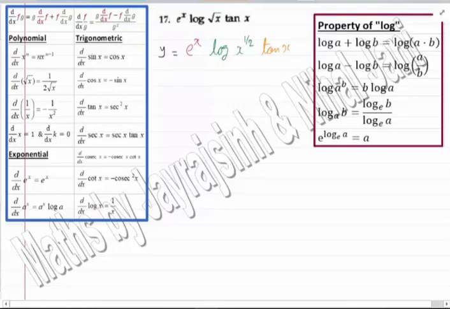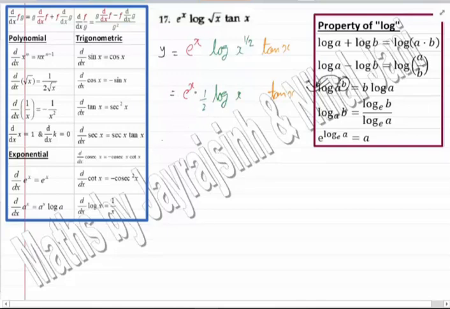We should multiply the power with the log, right? We can do this. So let's use the third property. So the first and the third term are as it is, but this 1 by 2 power will come in the multiplication, right? So it will be 1 by 2 log x. Basically this 1 by 2 is the constant term, so we don't have to worry about it.